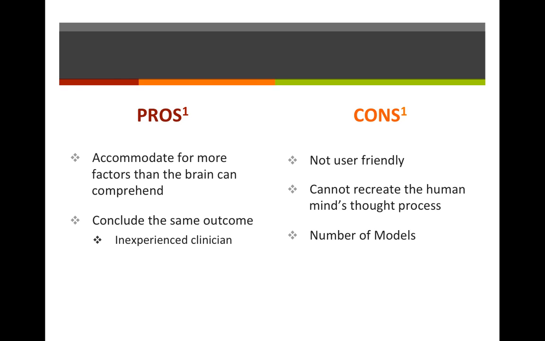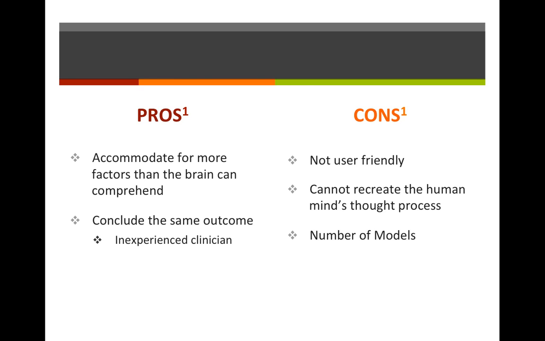You are never going to get one model saying this and the other saying that. If they are good predictive models, they will both say the same thing. That doesn't always happen with a clinician, especially if you have someone that's very inexperienced, because they aren't able to, first of all, gather enough information.